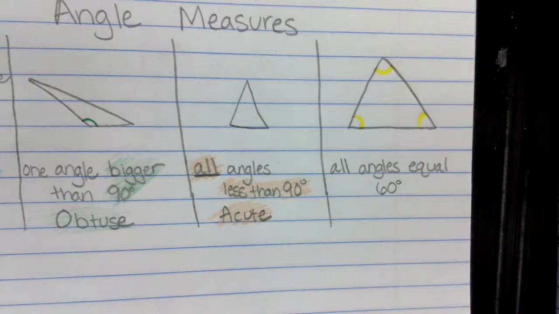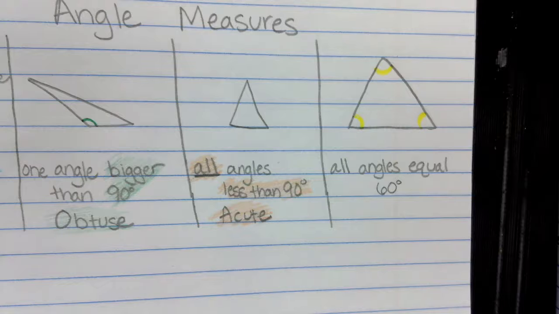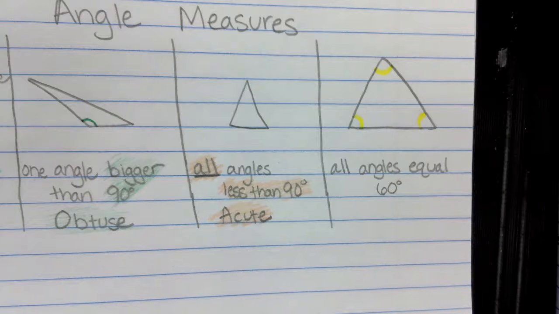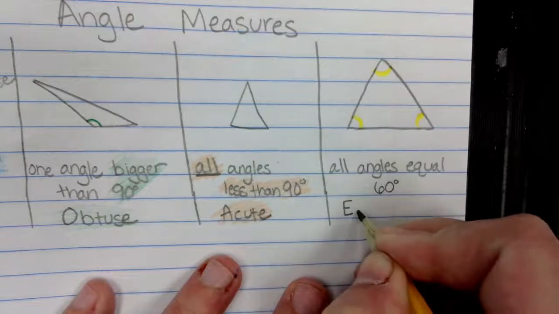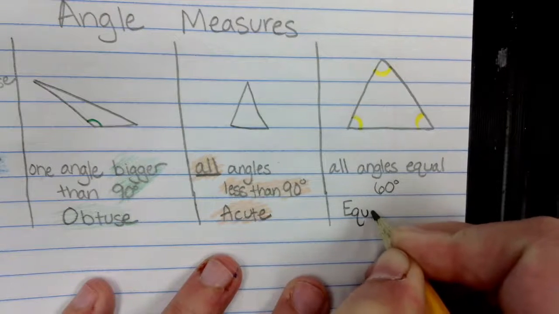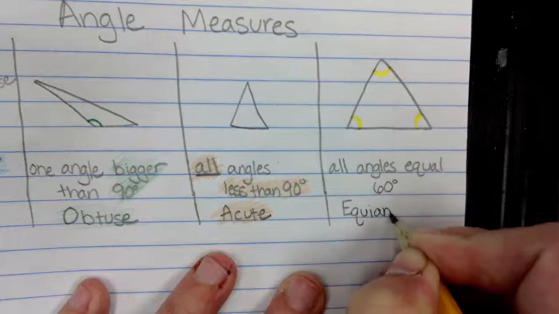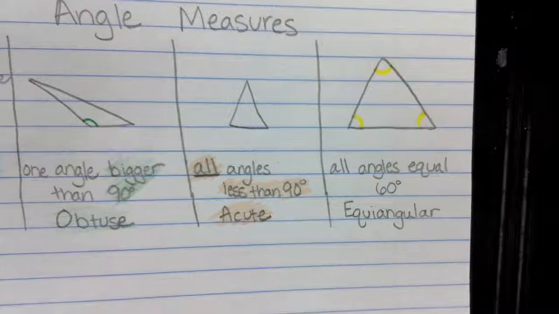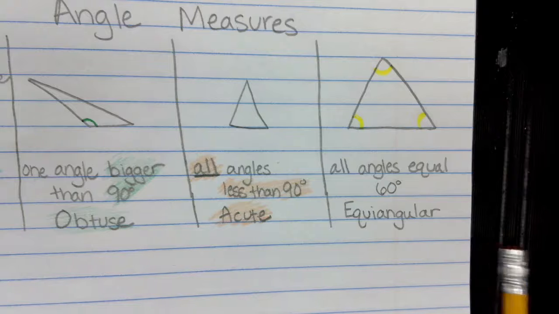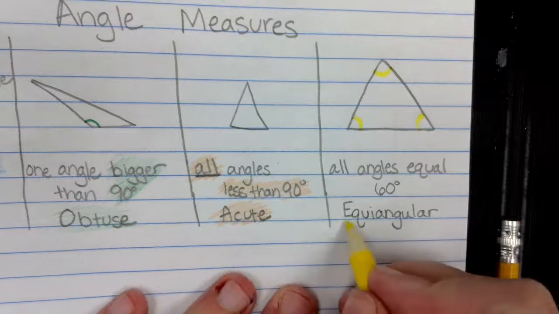We're going to use that prefix, equa, angular. That prefix equa really tells us that they're equal.